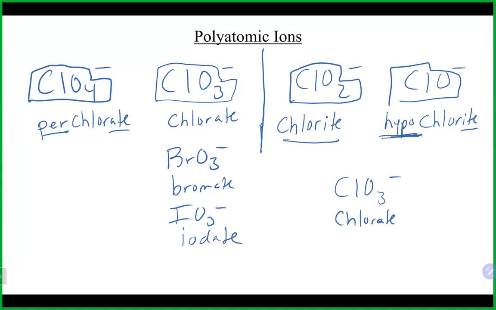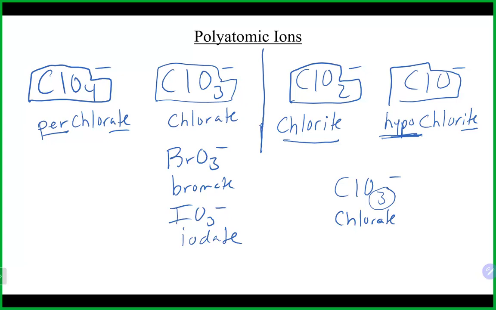If I needed perchlorate, I should put on an oxygen. So again, you could remember one name and formula and know how to adjust it based on whichever way you need to go. And that's a really good way to group things together and remember how to adjust the names. Question on that there.